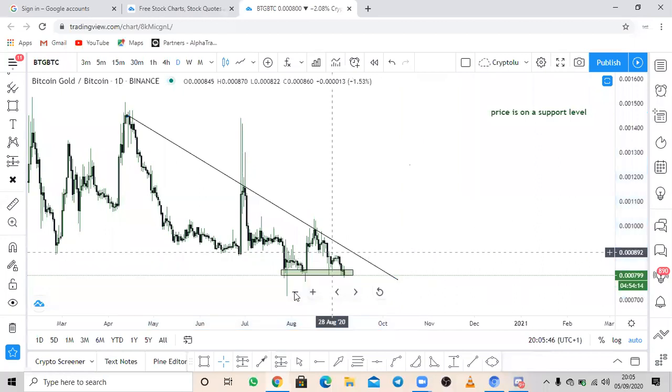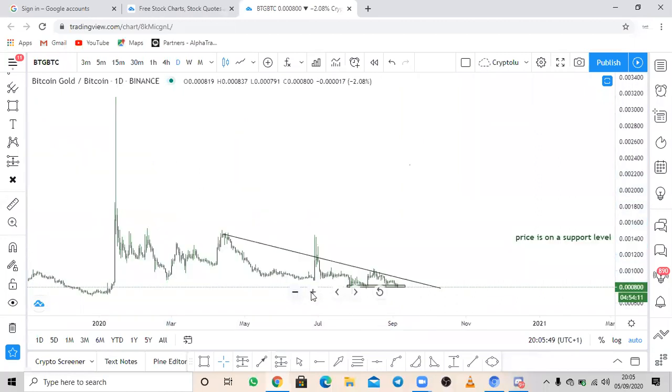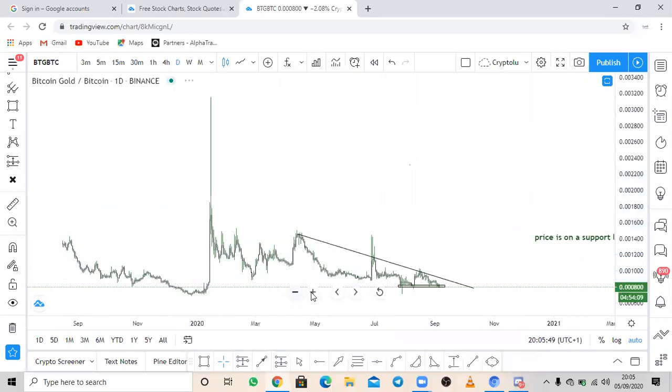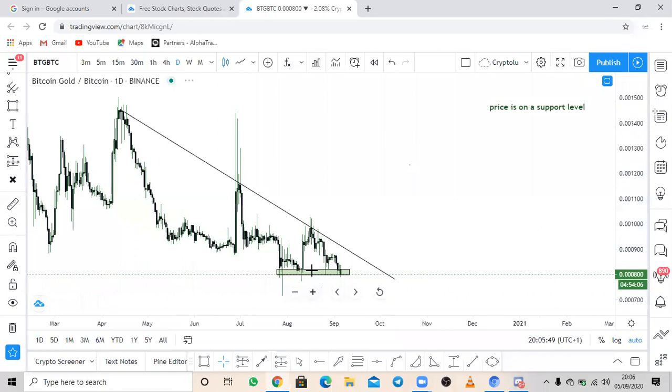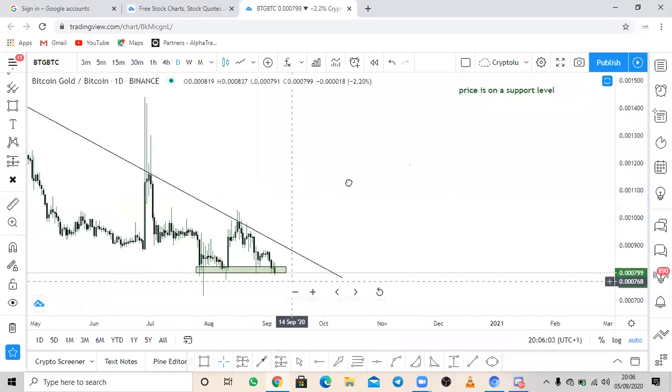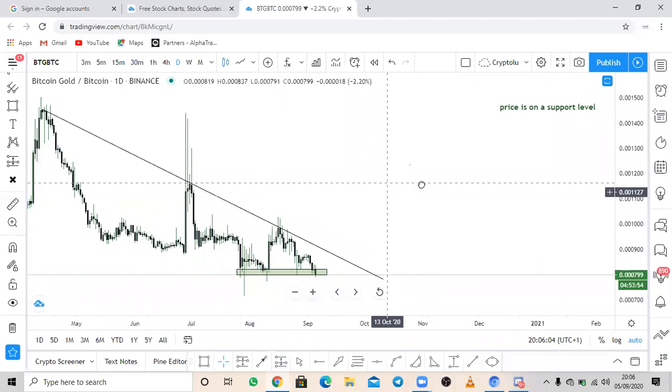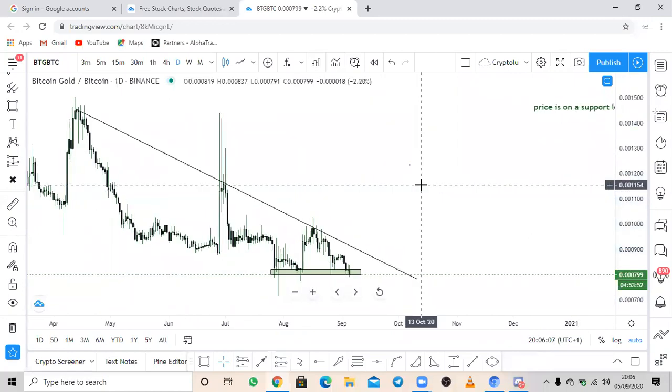Okay, so now I'm expecting a breakout from this resistance here. So this coin's support level might actually be the trade entry reason that I'm looking at to enter this trade.